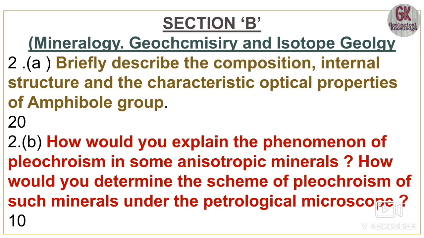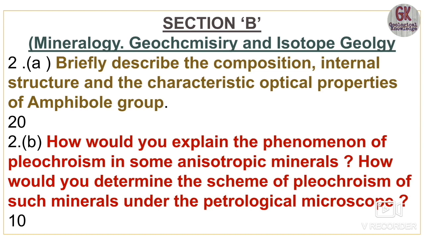Next one is section B, that is mineralogy, geochemistry, and isotope geology. Briefly describe the composition, internal structure, and the characteristic optical properties of the amphibole group. I have been repeatedly saying that we will get one family in every exam.